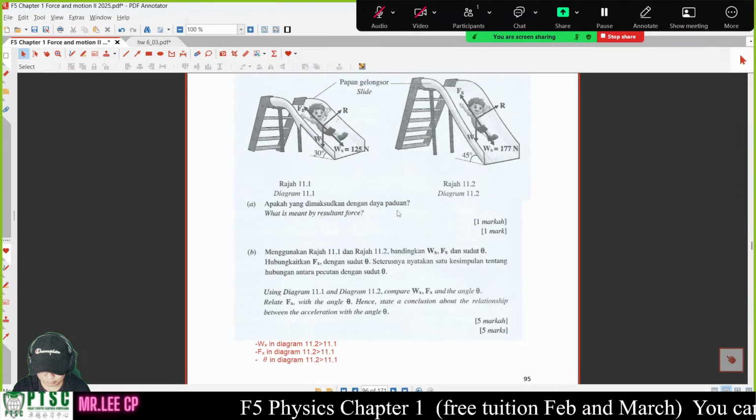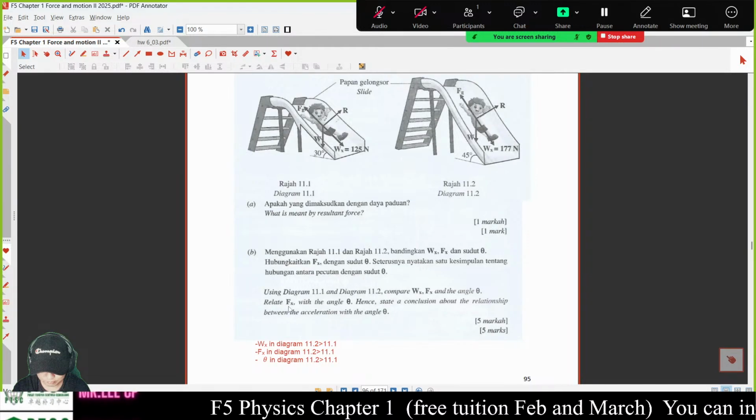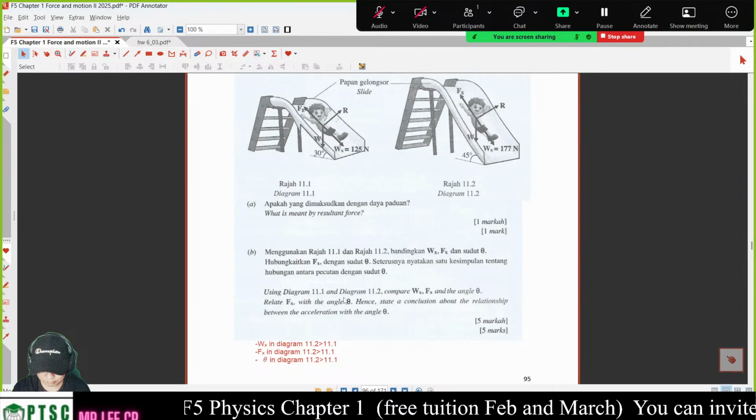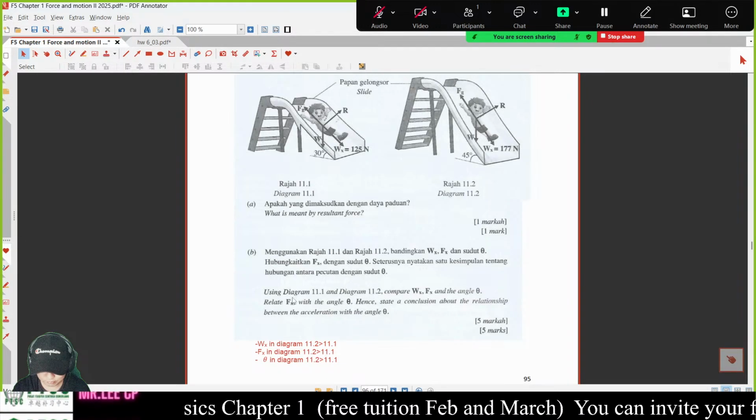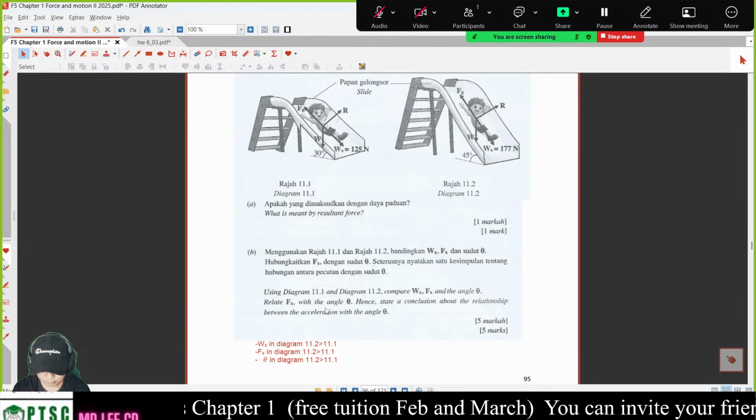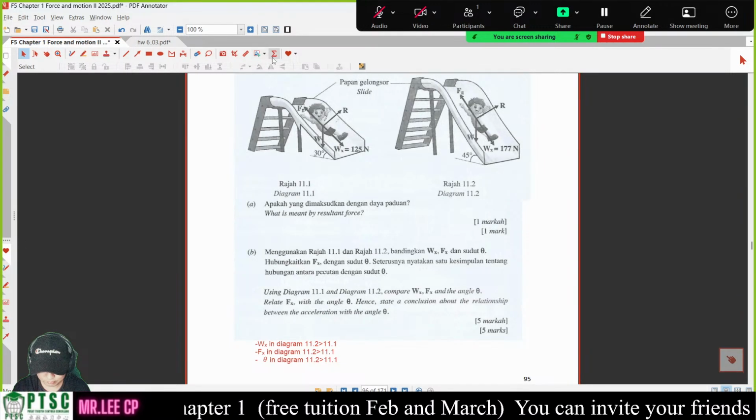Okay, next one. Relate the Fx with the theta. Fx, the larger the theta, the larger the Fx. Okay, the larger the theta, the larger the Fx.